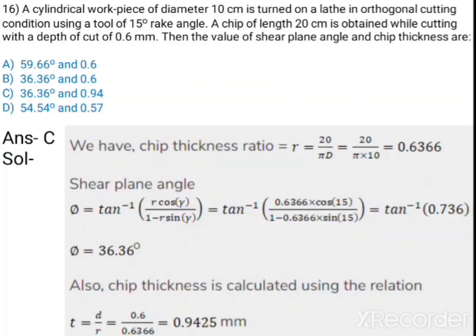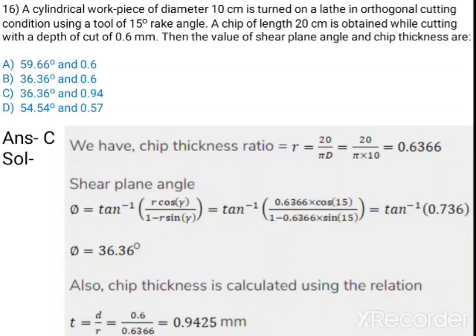Now we have to find the chip thickness. Chip thickness is calculated using the relation; if you don't know, then remember that t is equal to d into r, so we can write the expression as d is equal to t by r.